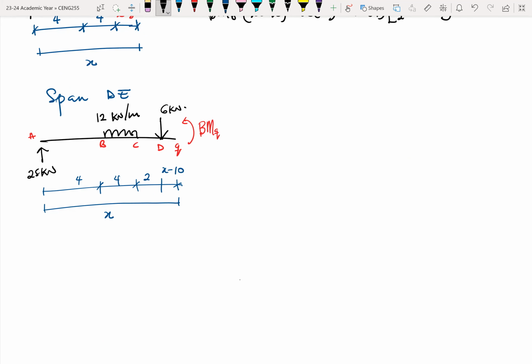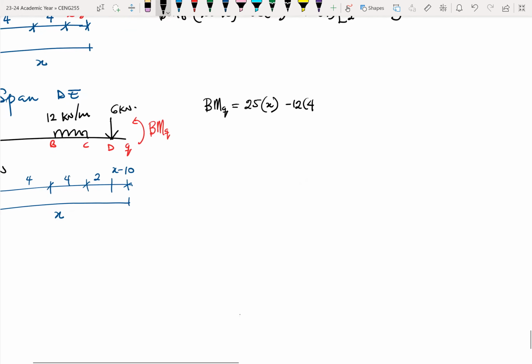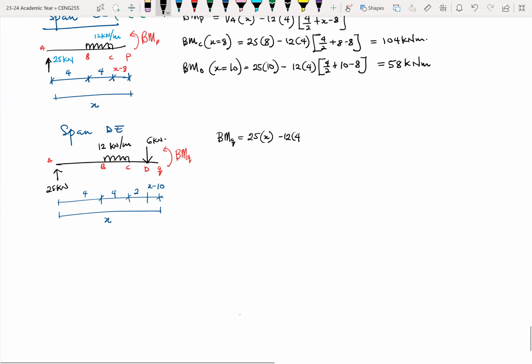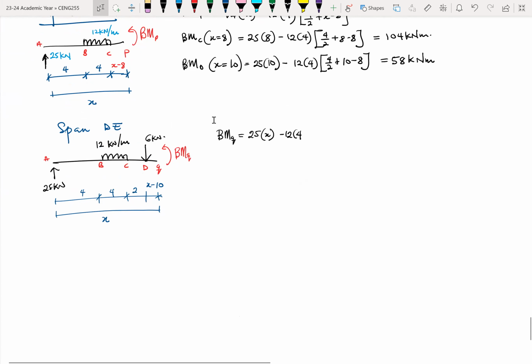So our bending moment, BMQ, will be equal to the 25, the reaction at A. So 25 times x minus 12 times 4. It would be a pretty long equation. Let me see if I can move it a little bit.